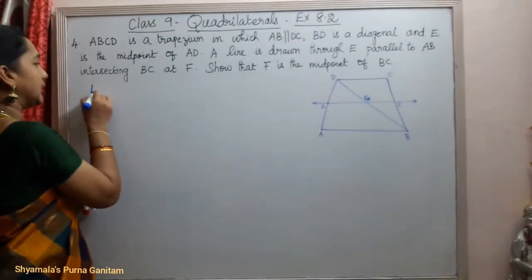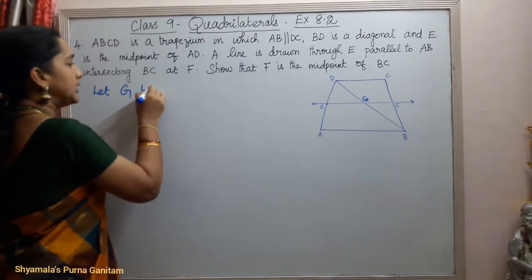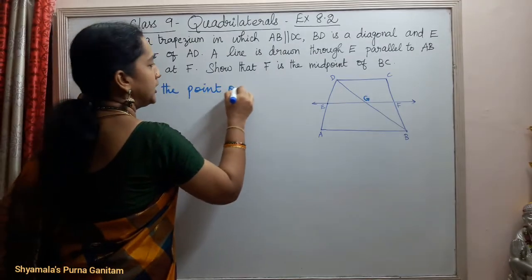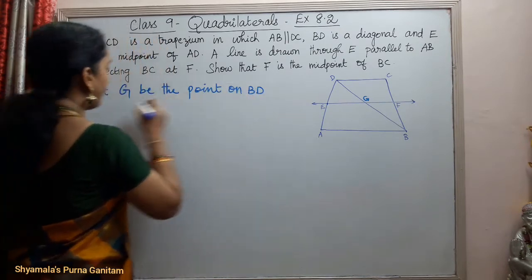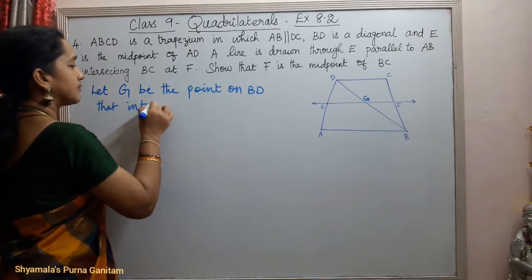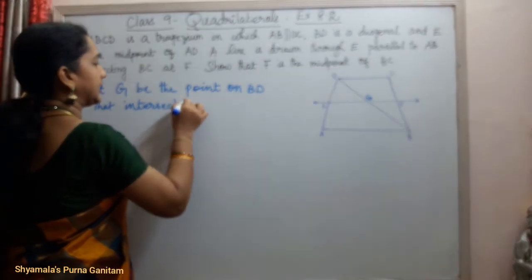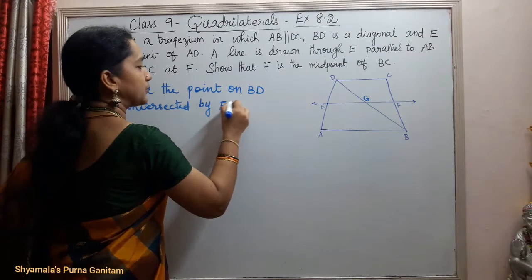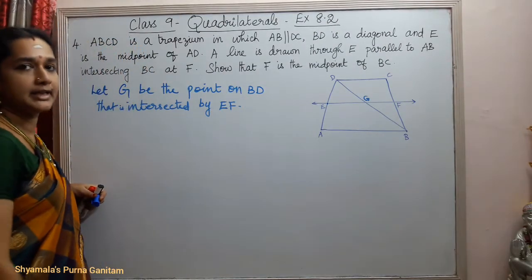Let G be the point on BD that is intersected by EF.